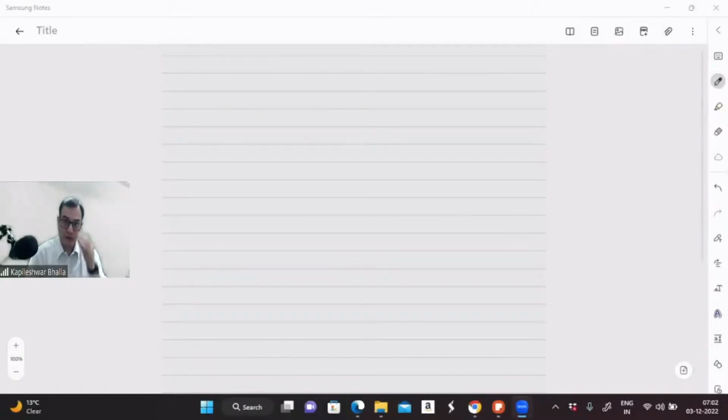Before I proceed further, let me share my board with you. You can first make a very basic note that financial instruments are covered by a total of three standards.